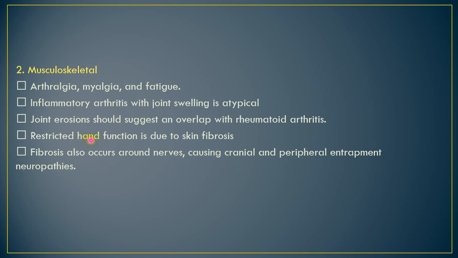If we are sure this patient has systemic sclerosis and his joints develop arthritis and erosion, we should think this patient may have added rheumatoid arthritis in addition to his systemic sclerosis, a condition we call overlap syndrome.